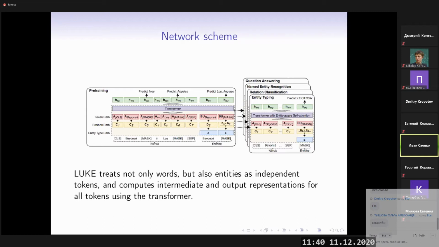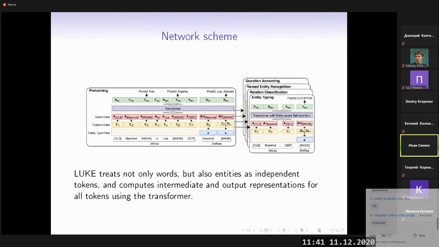Yes, you see, first of all, if one word is just an entity, there are 2 vectors for it, one as a word and one as an entity. So yes, that's true.